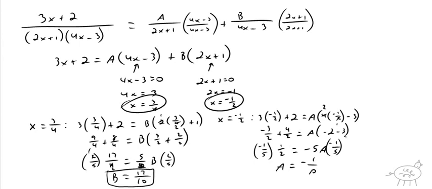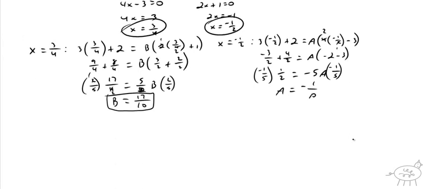All right, so my final answer then is -1/10 over, remember a was 2x plus 1, so it's 2x plus 1, and then plus b, which is 17/10 over 4x minus 3.